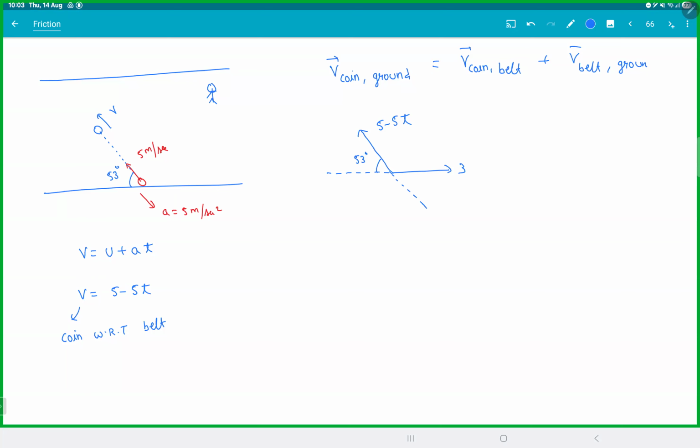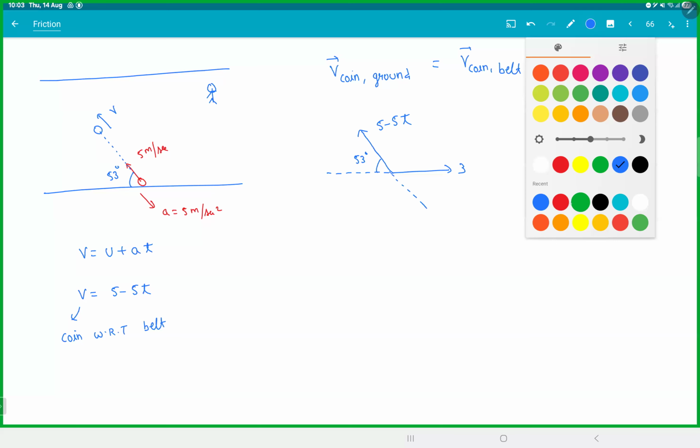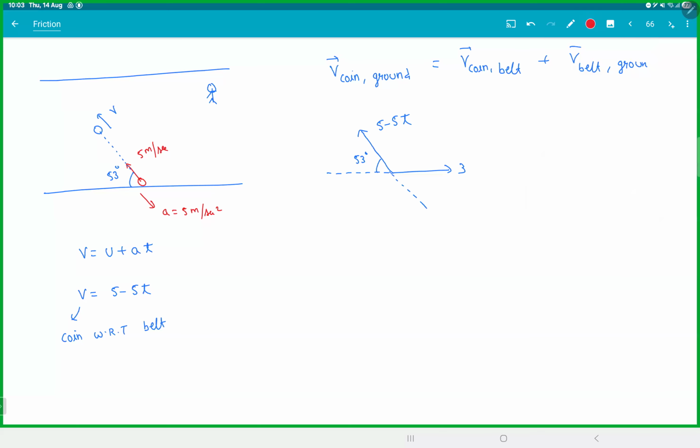This is 53 degrees. Now how to choose your x and y axis? I'll show you the easy one first, and then I'll show you what happens if you take the standard one. Take the directions perpendicular and along the coin's direction. So you choose this as x and this is y. And you will see what happens. If that's 53, that is 53.